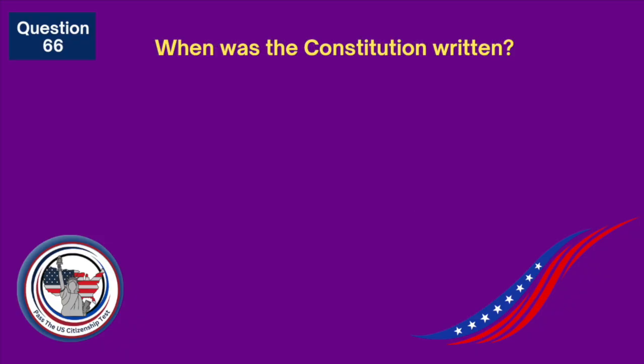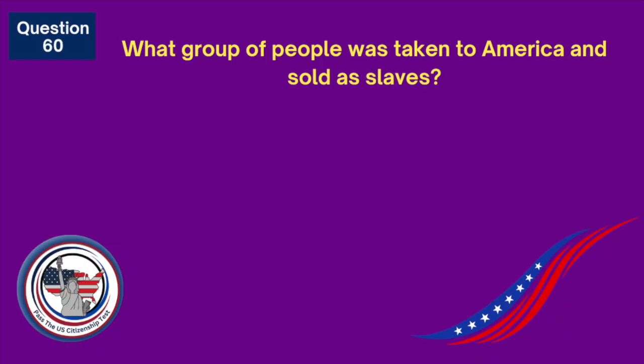When was the Constitution written? 1787. What group of people was taken to America and sold as slaves?